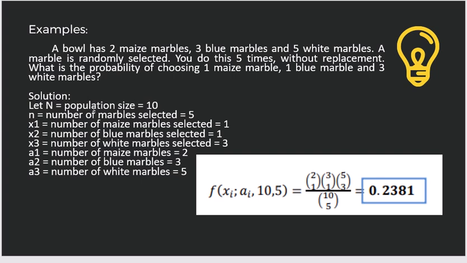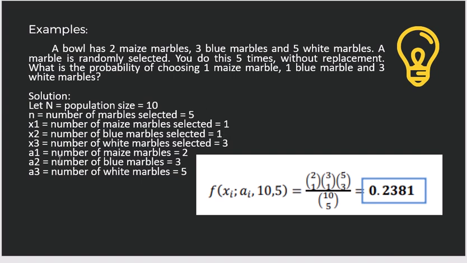So the number of population is 10, since 3 plus 5 plus 2 is equivalent to 10. The number selected will be 5, no? And we have the number na hinihinging condition, 1, 1, 3. Yung number of marbles selected, 3 plus 1 plus 1 is equivalent to 5.